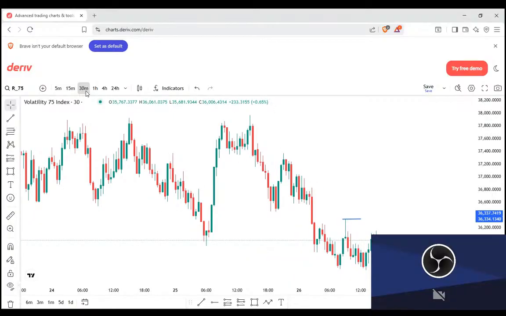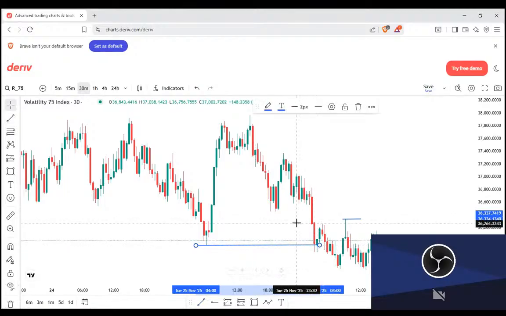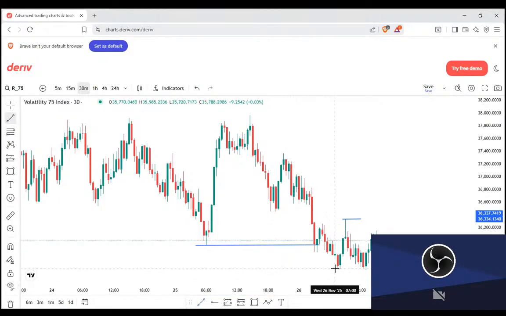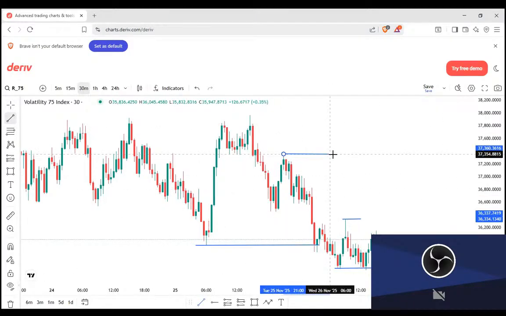That is giving us a buying opportunity, because price just broke out of this structure and made a retracement. And this is its continuation. Having a desire as well.